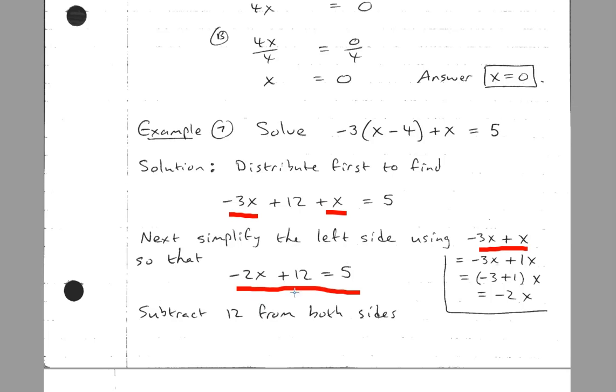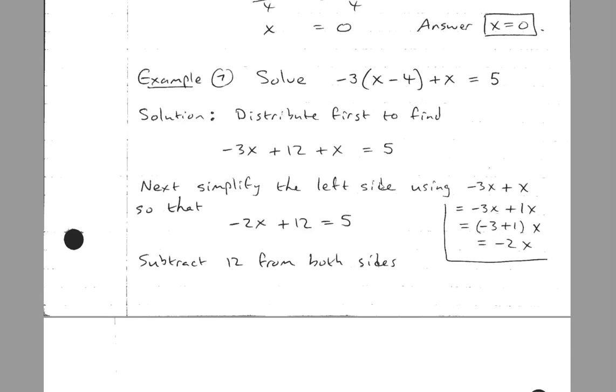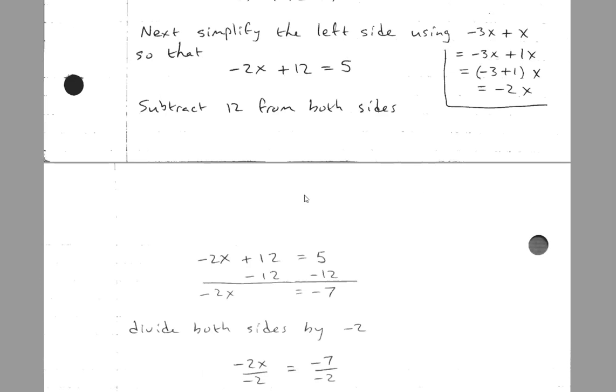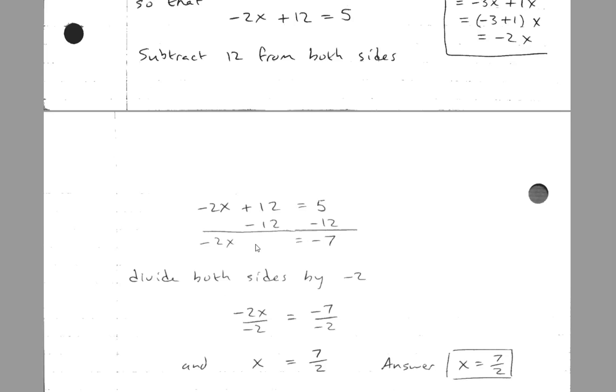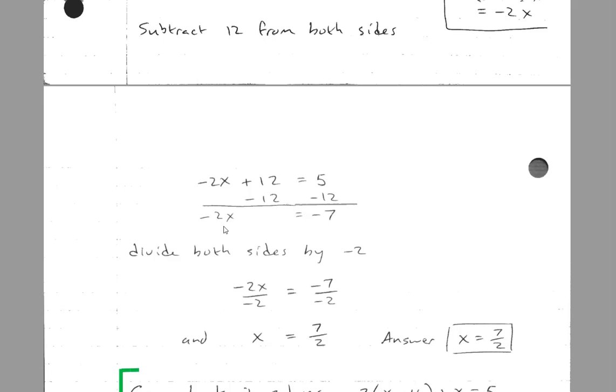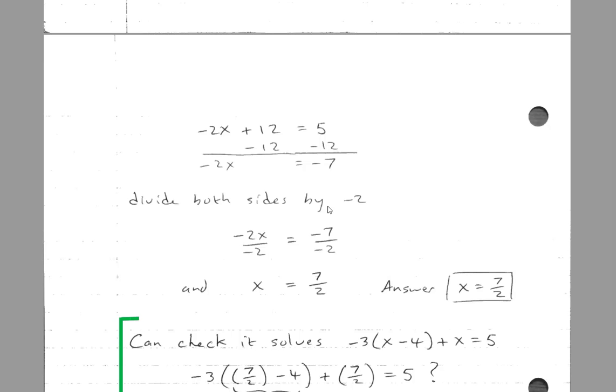And now we continue with our steps A and B. So subtracting 12 from both sides next. And we get negative 2x equals negative 7. And then divide both sides by that negative 2.